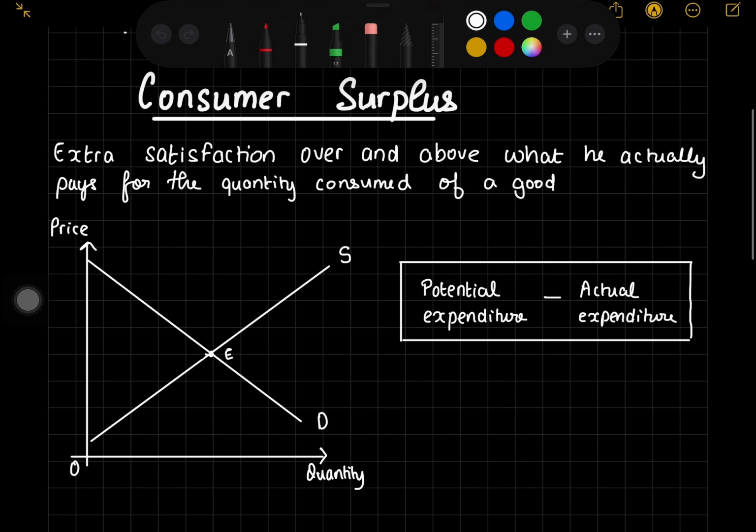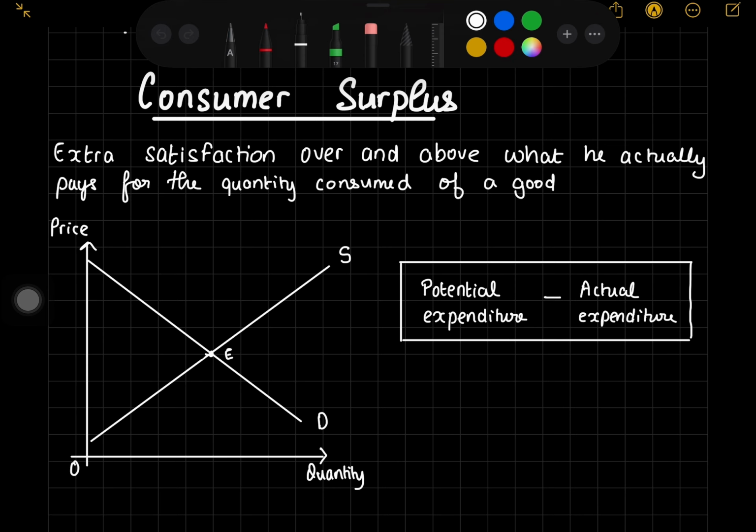So, what is consumer surplus? Let's try to understand it simply from a consumer point of view. What's the aim of a consumer? His aim is to maximize satisfaction, right? So, he buys goods and services to maximize his satisfaction, and he pays for these goods and services.